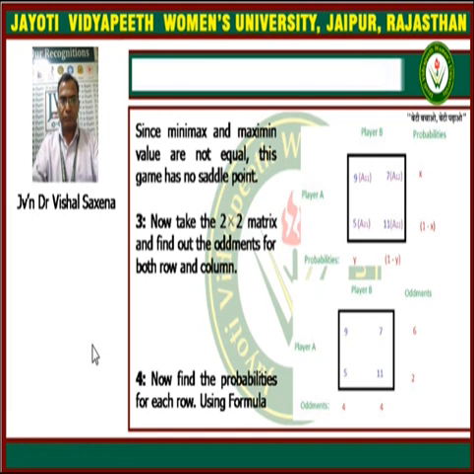So now next we will find out our Oddments by the usual procedure. The first row difference is 9 minus 7, which is 2, and we have to write this 2 in front of the second row.